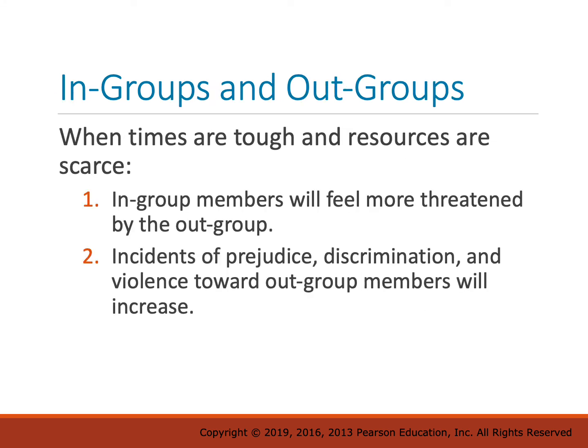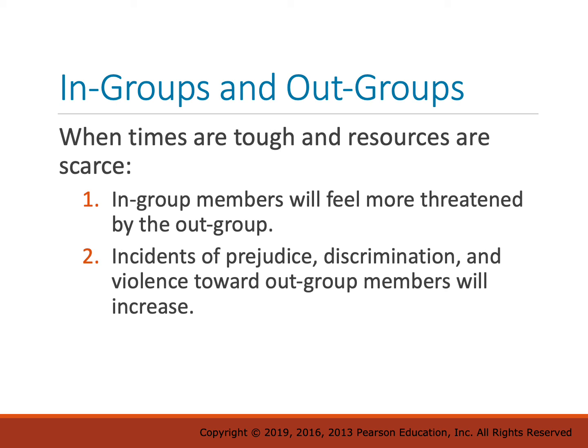when times are tough and resources are scarce, the in-group members will feel more threatened by the out-group members, okay? And incidences of prejudice, discrimination, and violence towards out-group members will increase, okay?